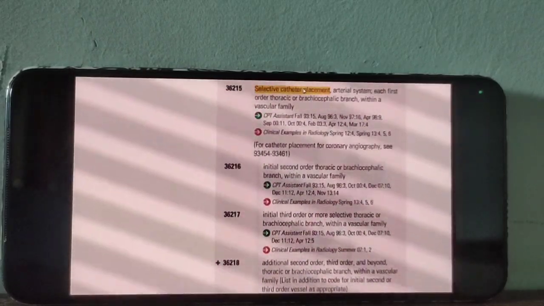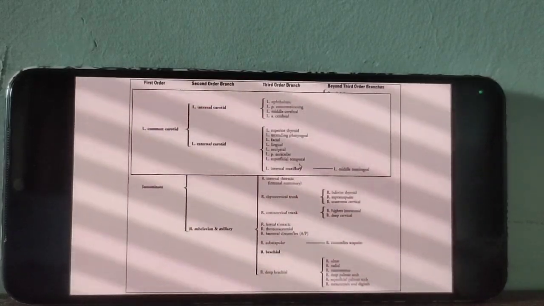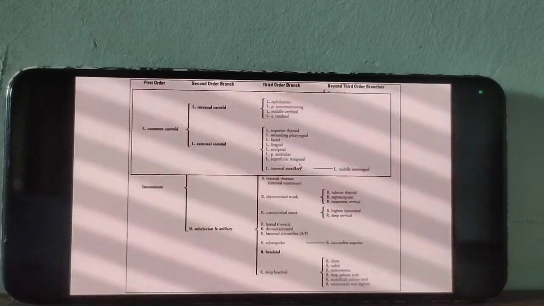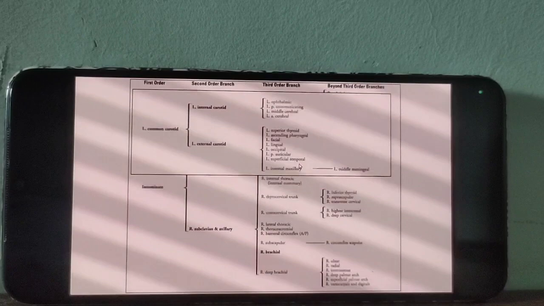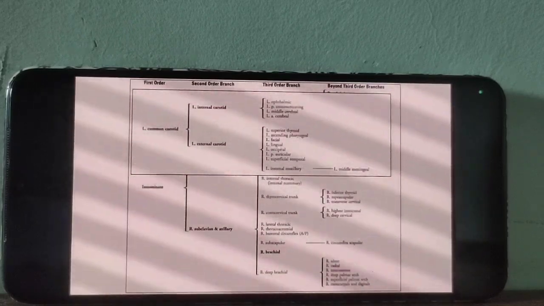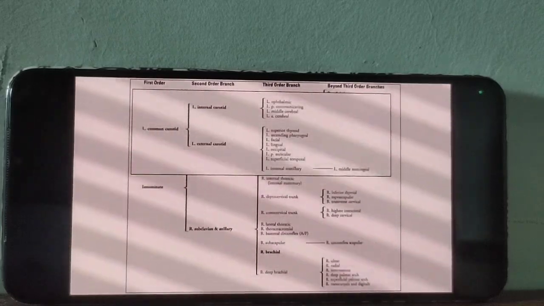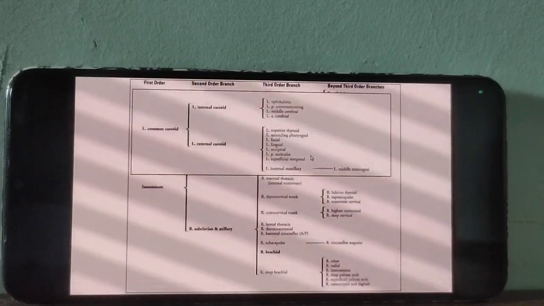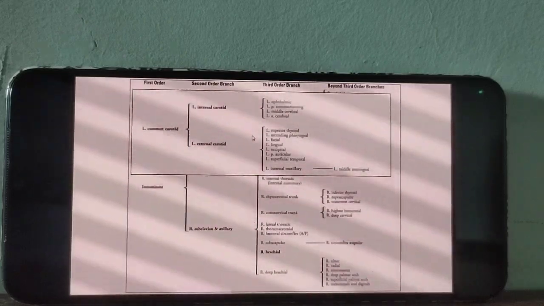If you select a code by using this Appendix L, these are the selective catheterization codes.